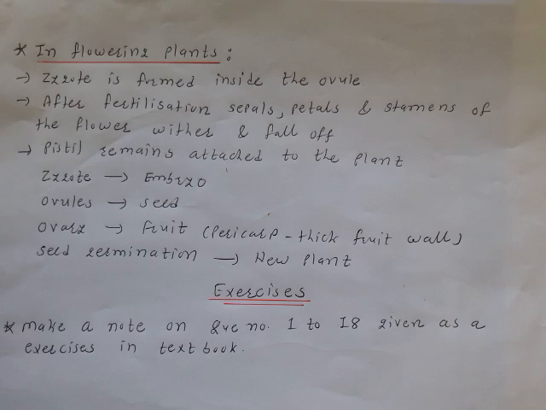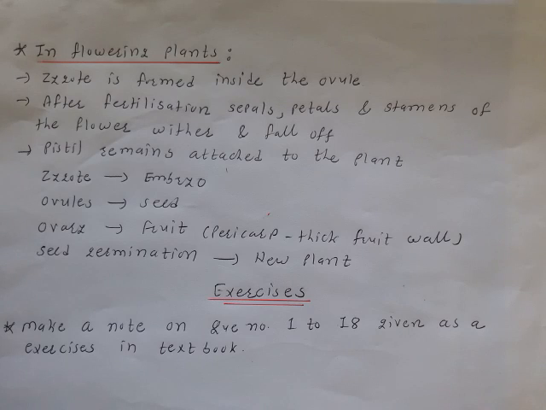After the fertilization process, some whorls of the flower, sepals, petals, stamens, are withdrawn and fall off. The pistil remains attached to the plant. So once fertilization is over in flowering plants, the zygote develops into an embryo. Ovules develop into seeds. The ovary develops into fruit.